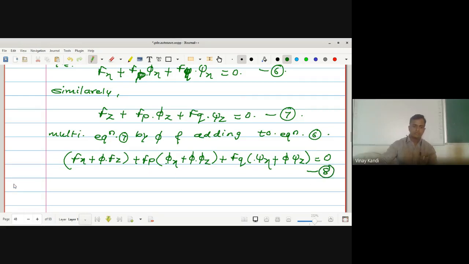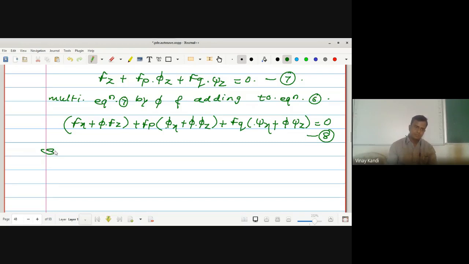Similarly, by doing the whole process for the function g of x, y, z, p, q, we may deduce from equation number 2. What is equation number 2? G of x, y, z, p, q.